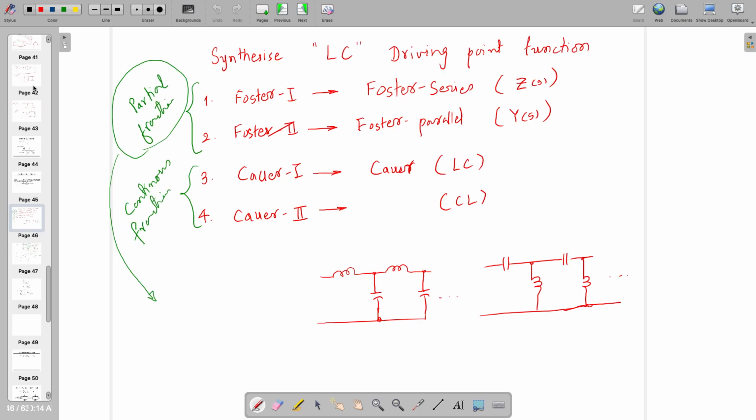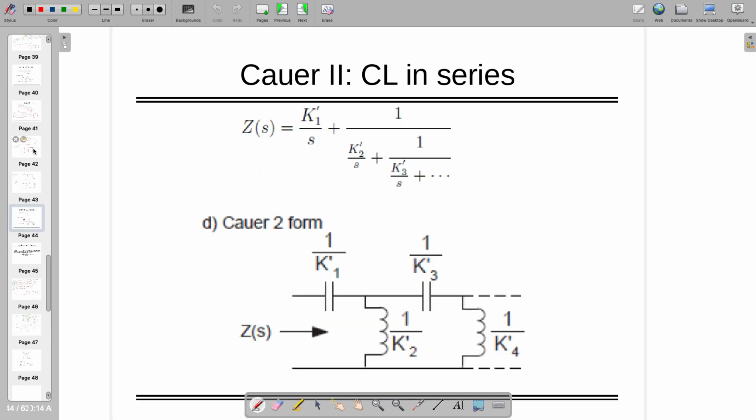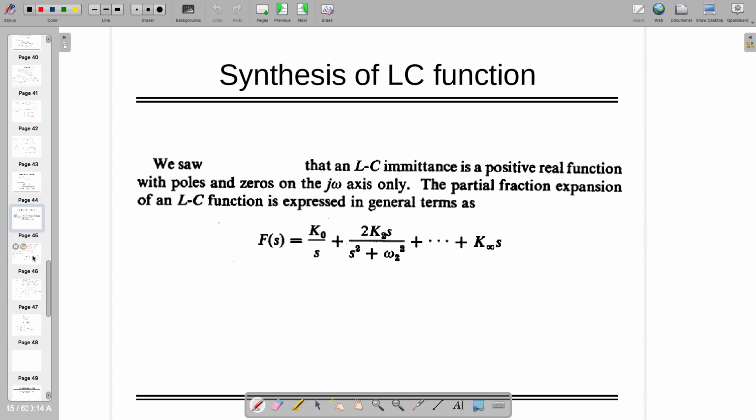But if I am interested in finding the LC driving point function in the form of, let's say, K0, K2, K4, all the even terms, because an LC function is one where we will have even by odd or odd by even functions, right?